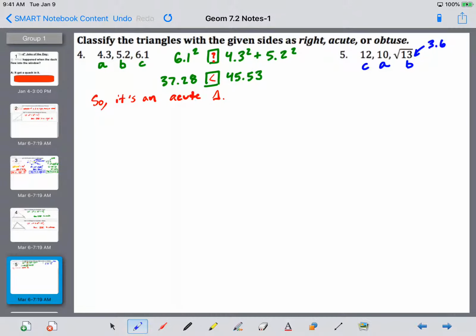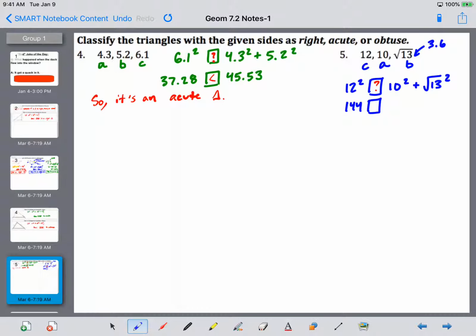So if we plug this in, C squared is going to be 12 squared. And we are comparing that. So we want to know how that compares to 10 squared plus the square root of 13 squared. All right, and on the left side, 12 squared is 144. 10 squared is 100.